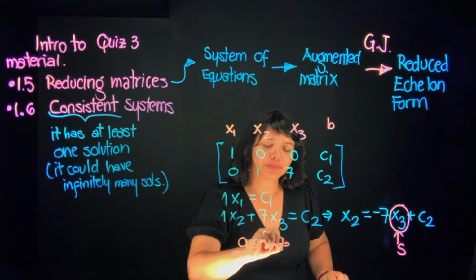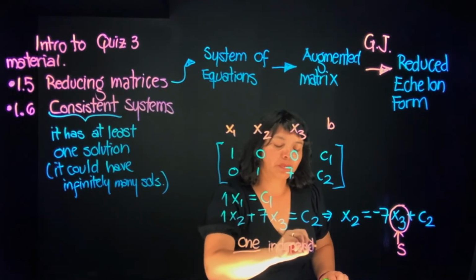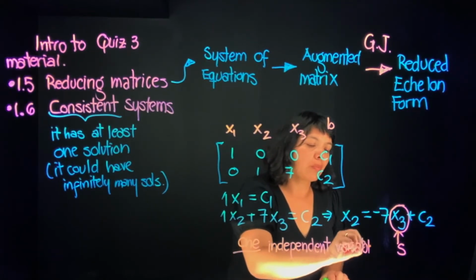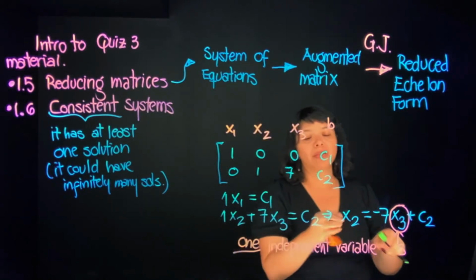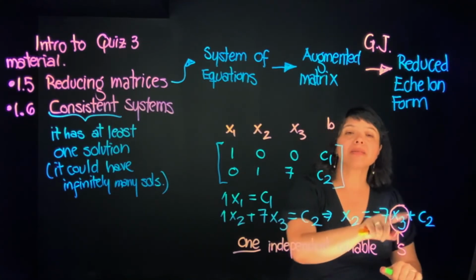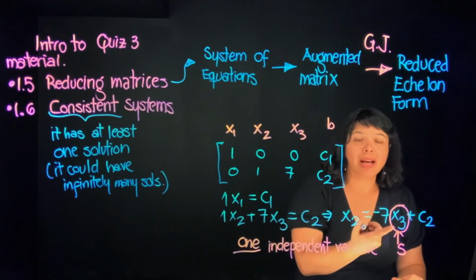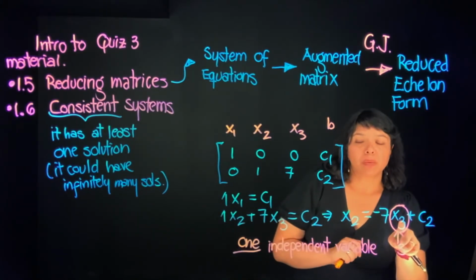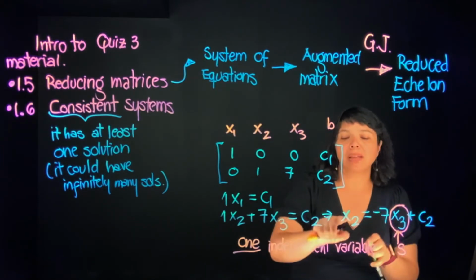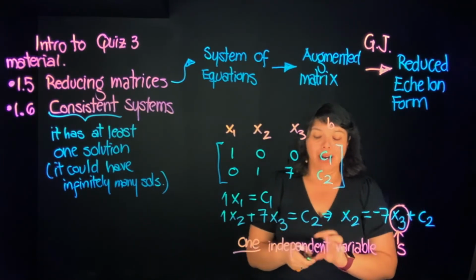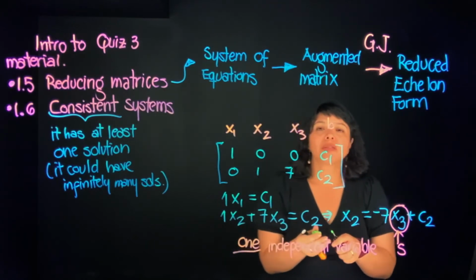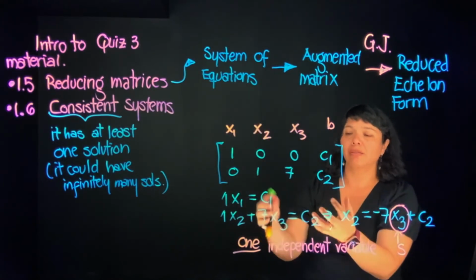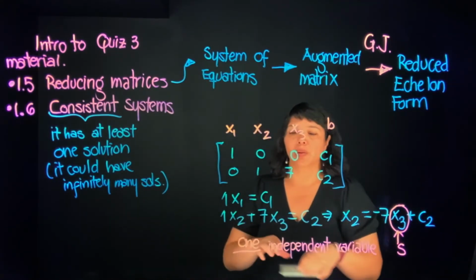So this is an example of a system of equations that has one independent variable. In this case, because I solved for x2 in terms of x3, x3 is the one that has the freedom to take any real value that I want. So in this case, x3 will be my independent variable. But I could switch it up, so x2 could be my independent variable. The important thing for you to remember is that the number of independent variables is always fixed in case that you have those.